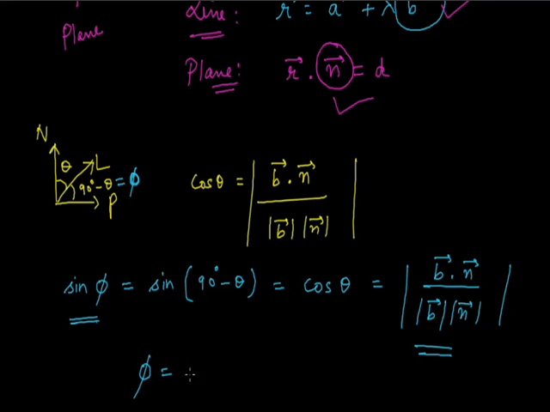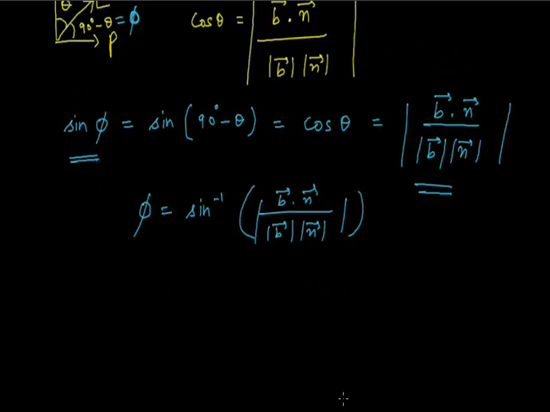Therefore phi will be equal to sine inverse of b vector dot n vector upon mod of b vector into mod of n vector. This is how you can calculate the angle.